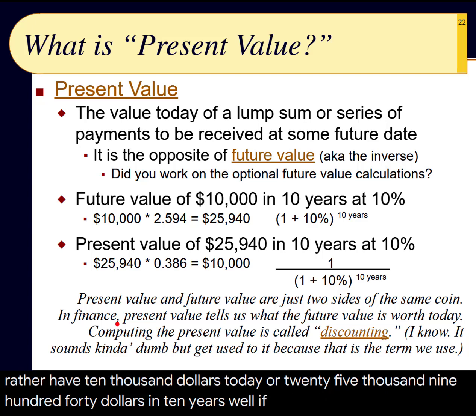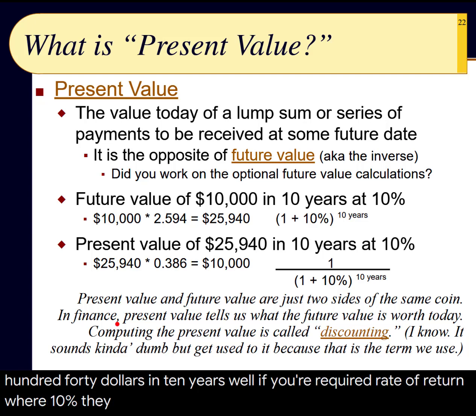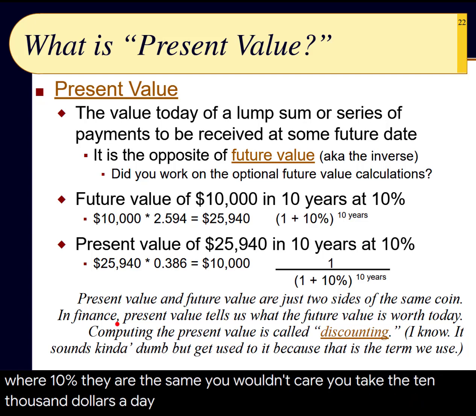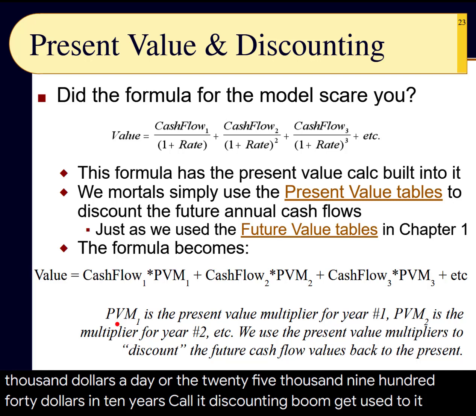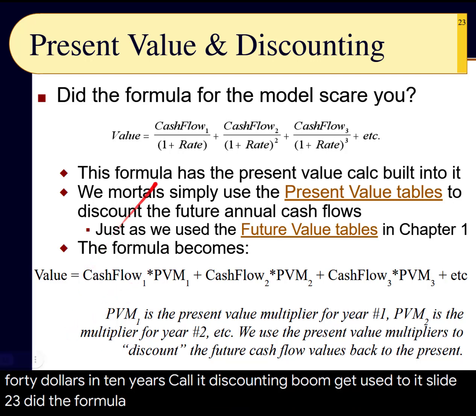Well, if your required rate of return were 10%, they are the same. You wouldn't care. You'd take the $10,000 today or the $25,940 in 10 years. And again, we call it discounting. Get used to it. Slide 23. Did the formula for the model scare you?